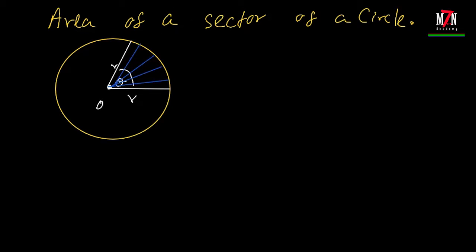Let's name these 2 points as capital A and B on the circumference, and let's take the smaller one as C and D. Consider COD as one of the smaller angles.